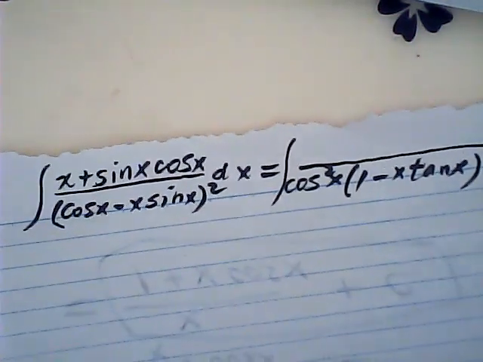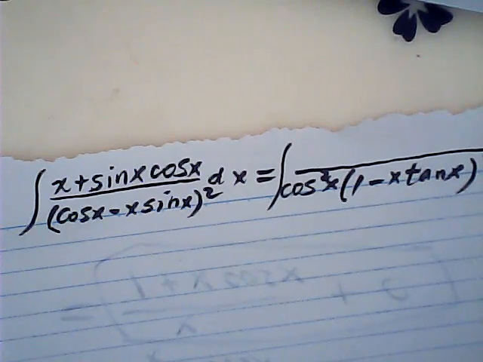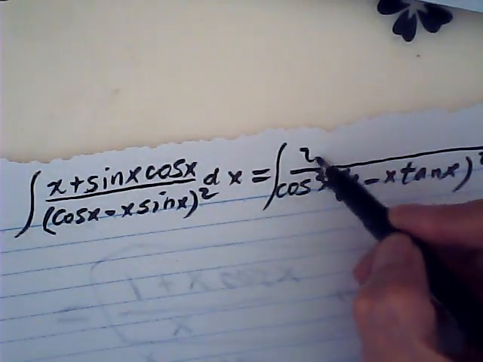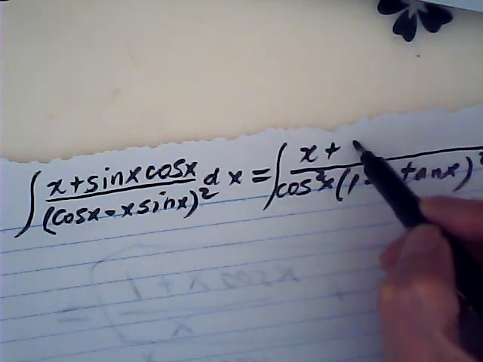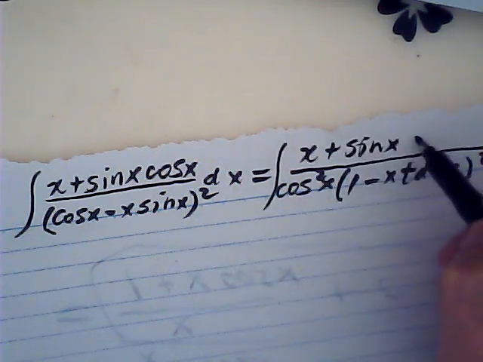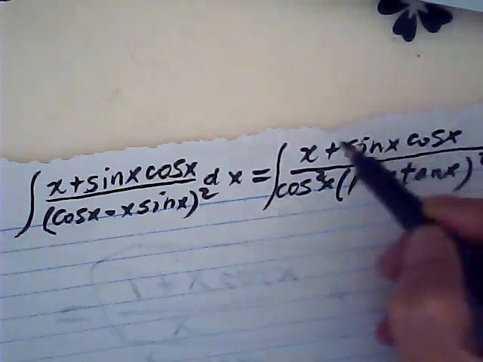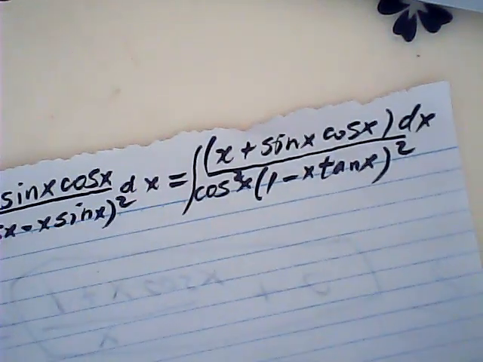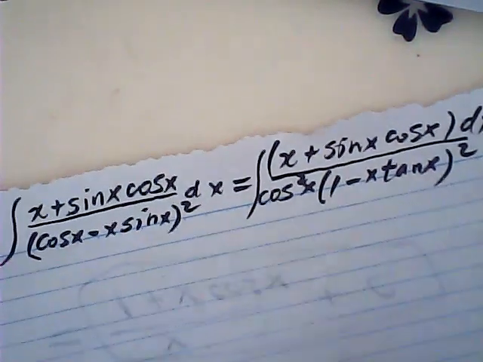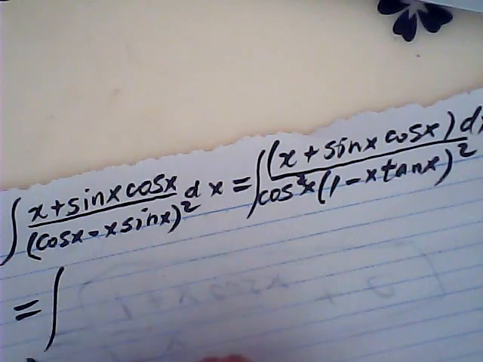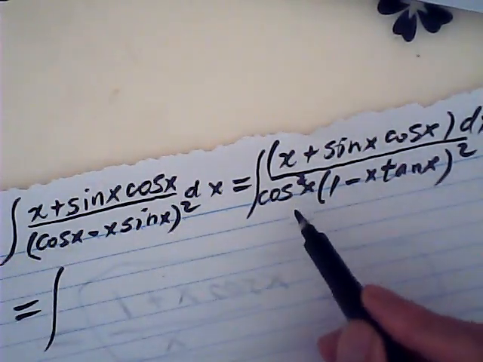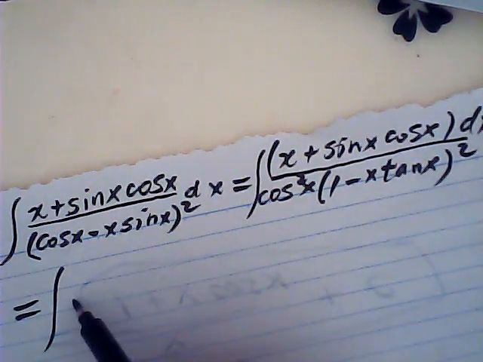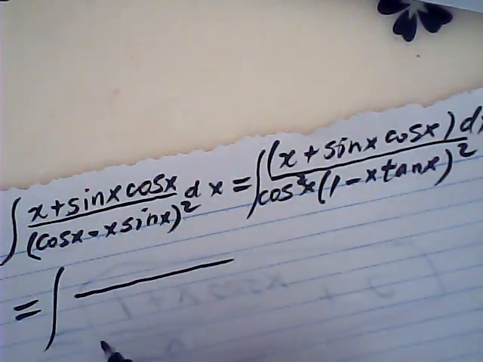Okay. And the numerator is the same, x plus sine x cosine x dx. Then I simplify by bringing the cosine squared out to the numerator.